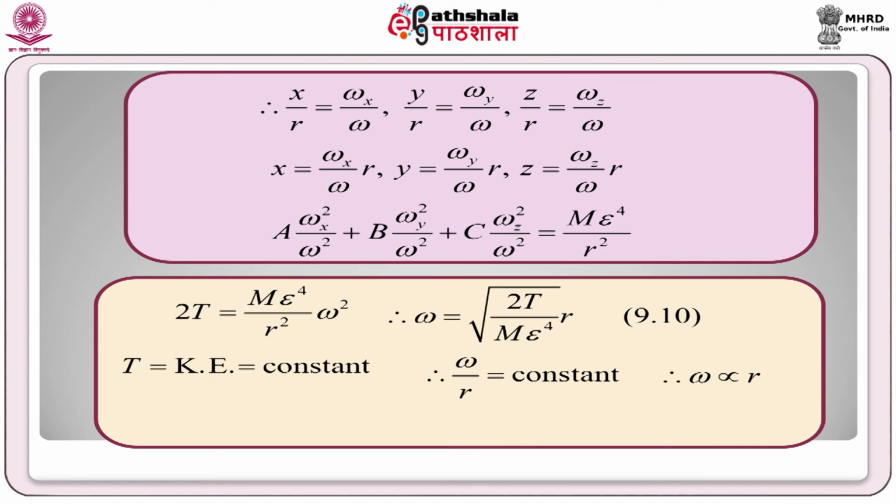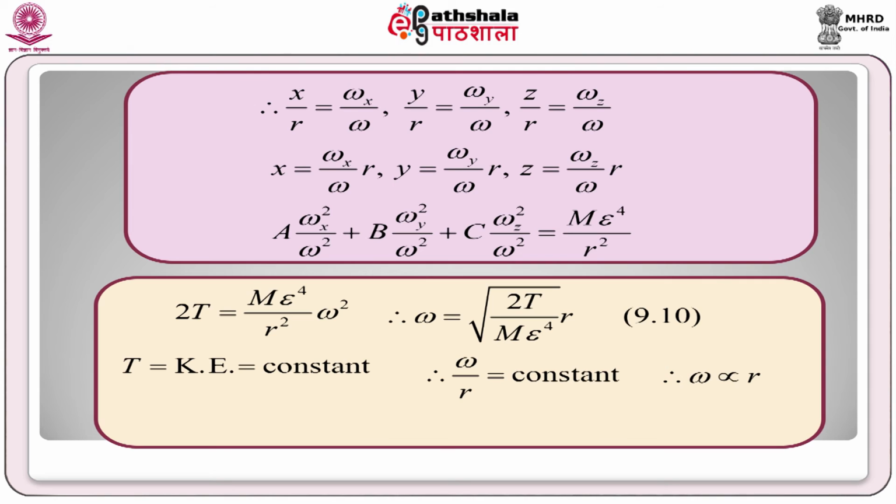Since P is a point on the momental ellipsoid, the coordinates of P, that is x, y, z, must satisfy the equation of momental ellipsoid. Therefore, substituting the value of x, y, z in the equation of momental ellipsoid, we get this result.